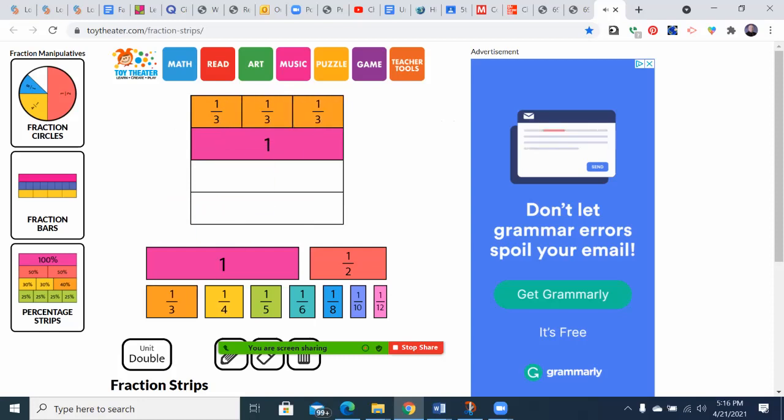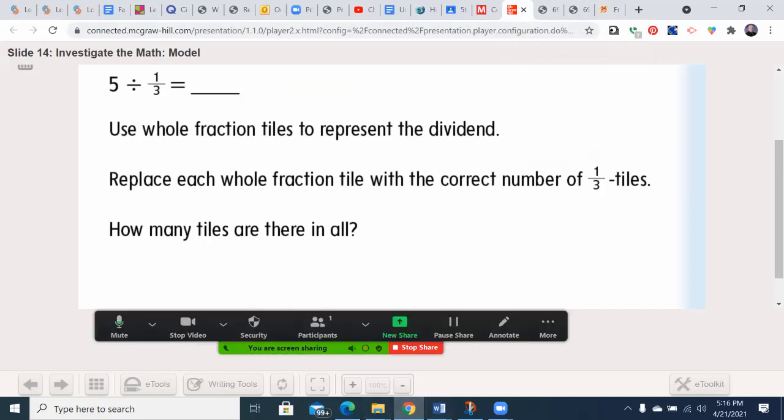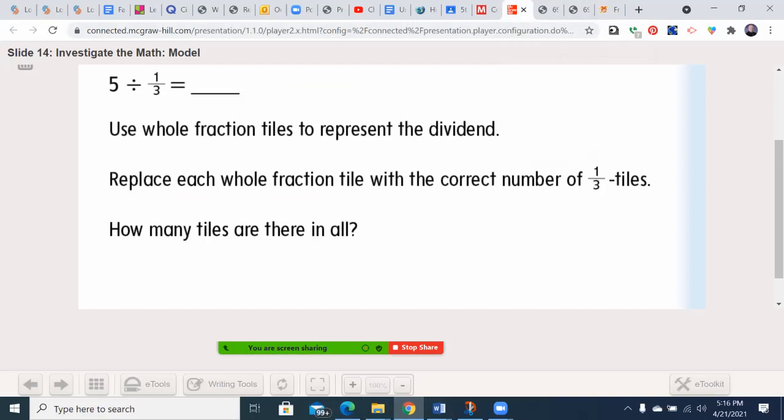So if 3 of them make 1, how many of them would make 5? Oh yeah, 3 times 5, which is 15. But you should draw it out: 5 unit wholes, divide each of them by 3, and that'll give you your 15.